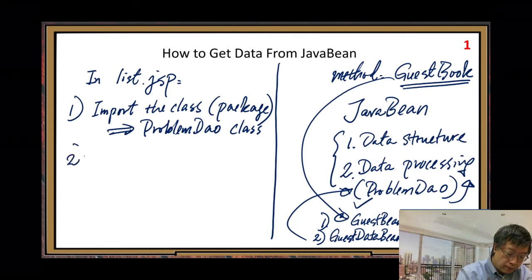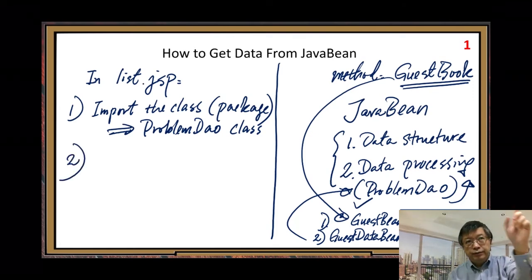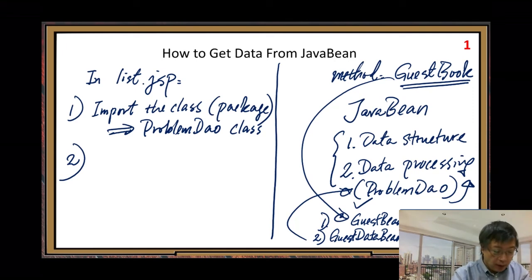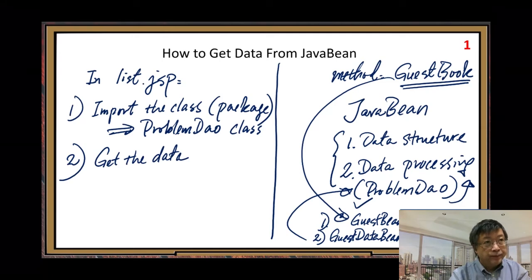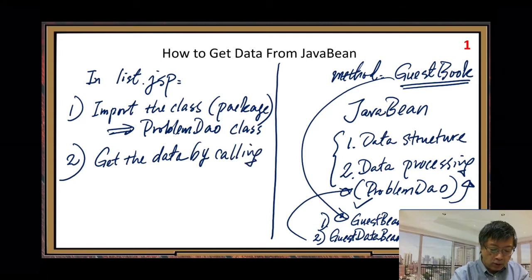Step two, data processing. We call a method to get the data by calling this method.